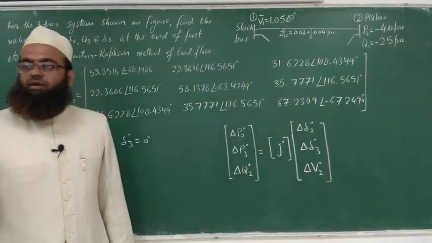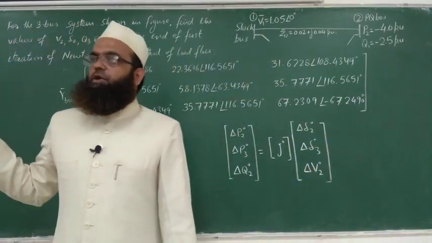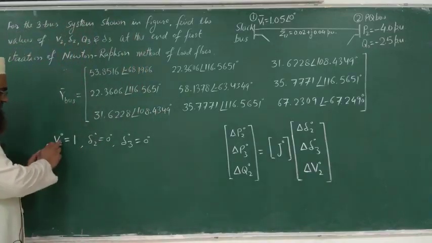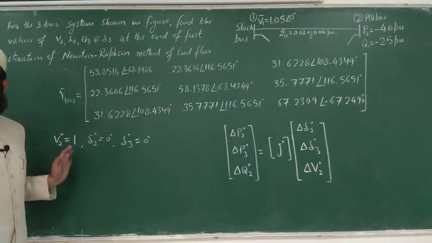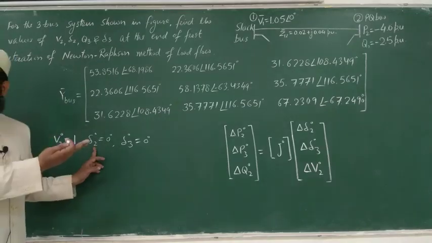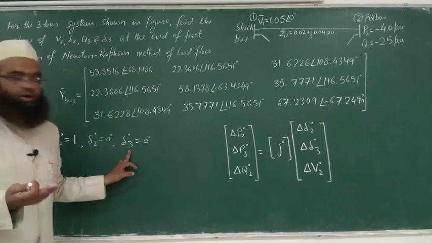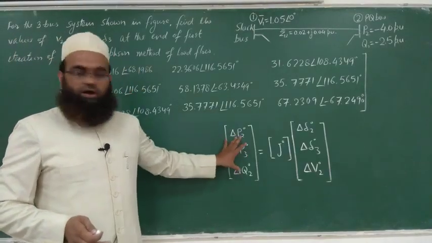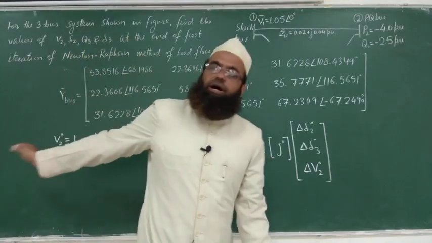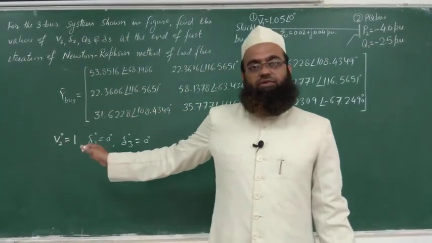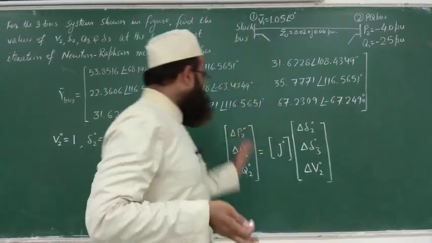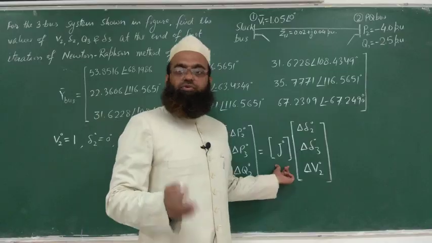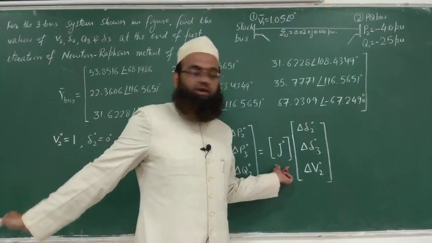In the next iteration, if asked in the problem, meaning second iteration, you will already have V2 1 evaluated at the end of first iteration, delta 2 1 and delta 3 1. So you can evaluate these mismatch variables using the updated value of the variables. Again, evaluate the elements of Jacobian matrix, substituting the updated values of the variables.